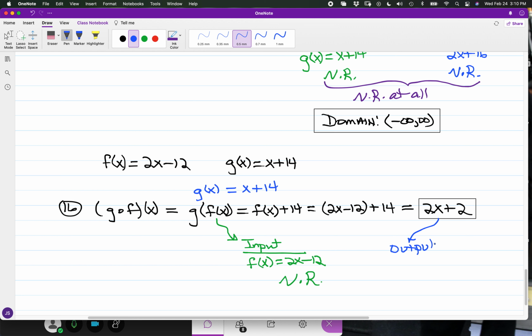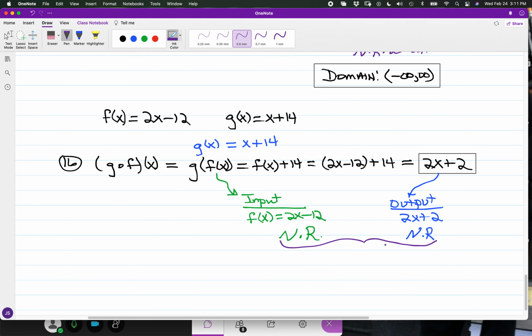And for the output, which we have as 2x plus 2, again we have a direct linear expression, so no restriction. So while we have a different composition in number 16 relative to number 15, again, we have no restriction at all. That means that, once again, the domain is going to be the set of all real numbers.